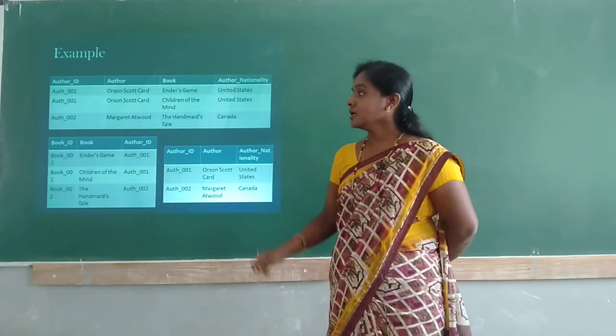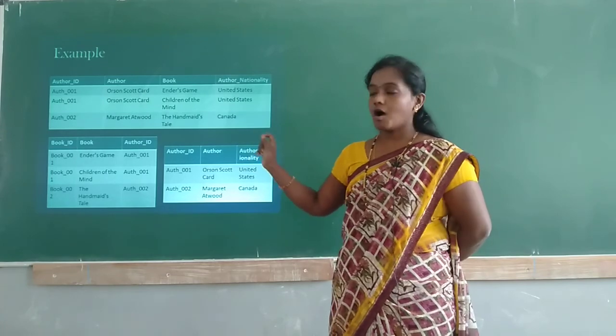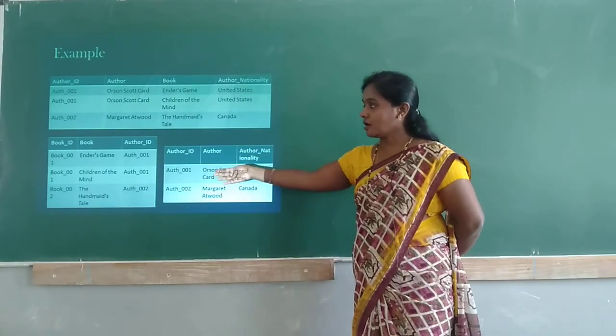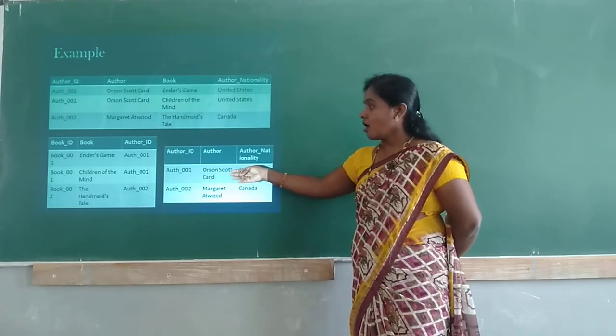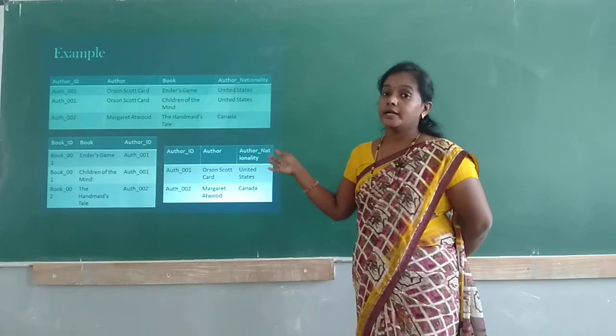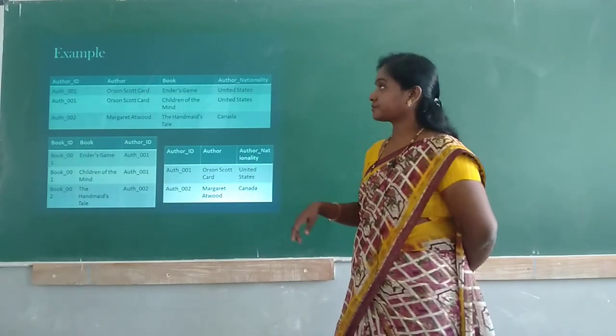Using the book ID, we can get the book name and the author. In the same way, knowing the author ID, we can have the author name and author nationality. This is how we convert the table into third normal form.